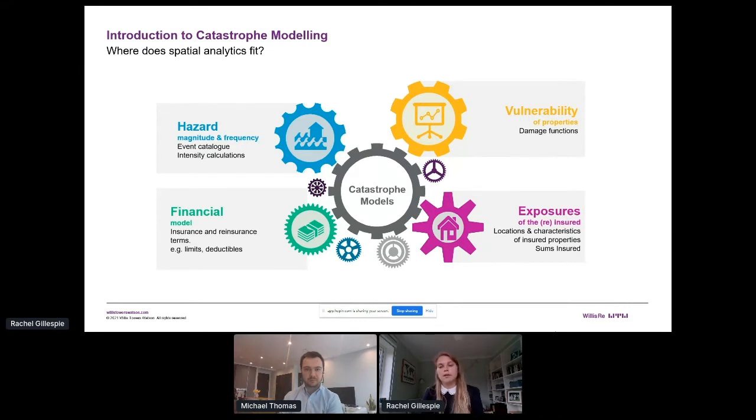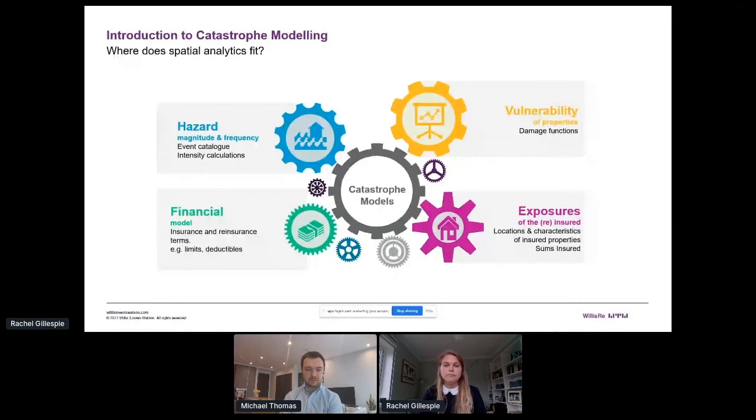Then looking at vulnerability. This is information about properties or, for example, cars or agriculture, and how vulnerable those lines of business are to an earthquake event or a cyber attack. In that we have different curves: if you have a certain severity, how much damage might you expect?